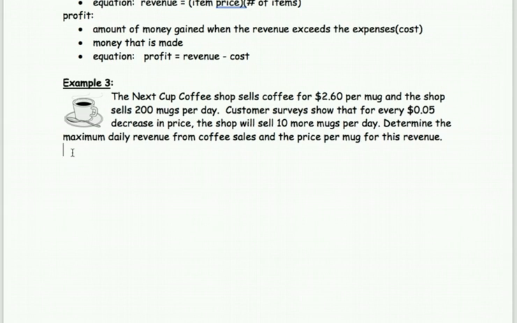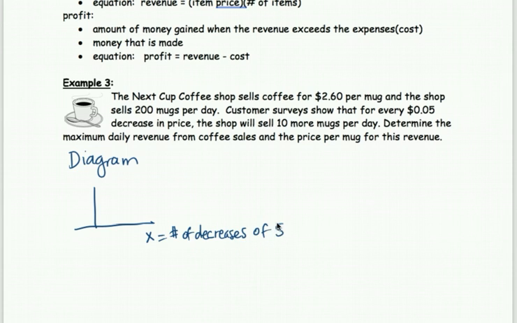So if we make a diagram here, for every decrease, the number of decreases that you make, let's call X the number of decreases, up to 5 cents, or $0.05. So every time you decrease the price, what's going to happen to your revenue?